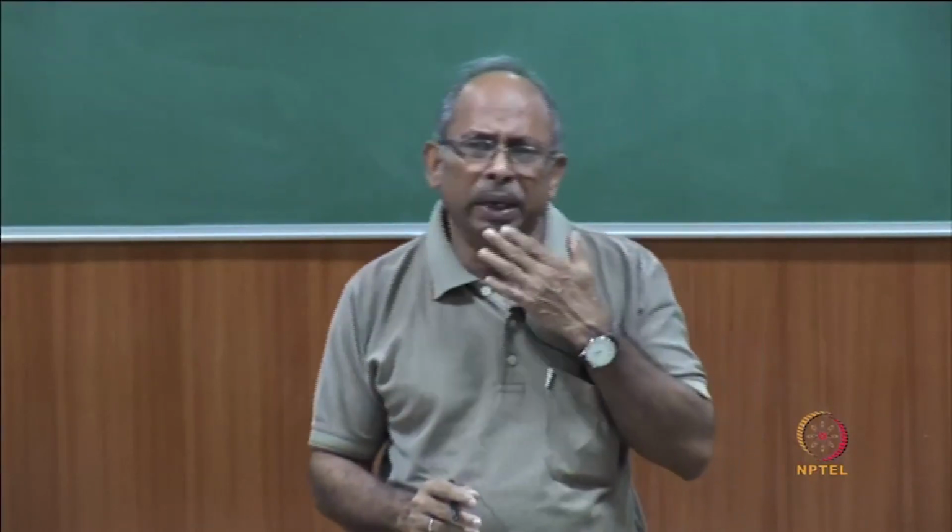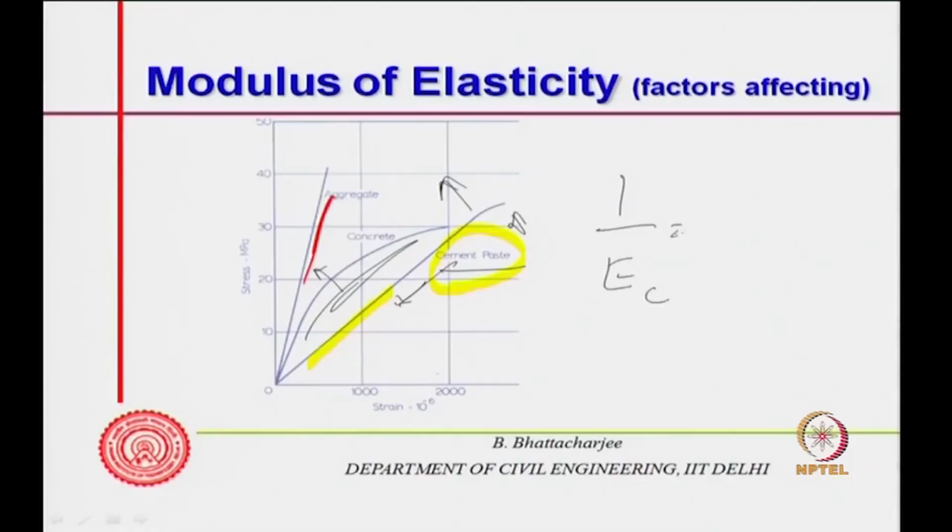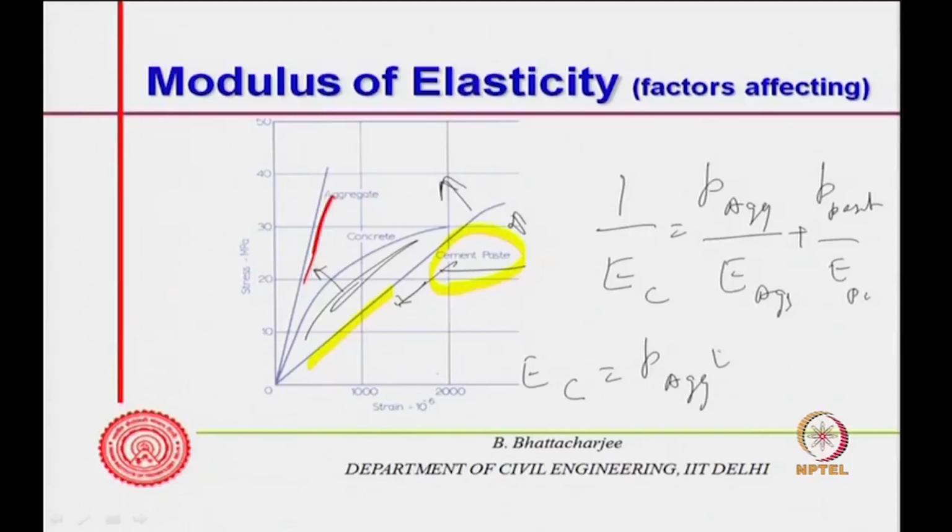One can think in terms of a range, which will of course be something like 1 by E of concrete equals the proportion of aggregate divided by E of aggregate, plus 1 minus P aggregate, that is the proportion of paste, divided by E of paste. Or it might also be written as the proportion of aggregate multiplied by E aggregate, plus the proportion of paste multiplied by E paste.